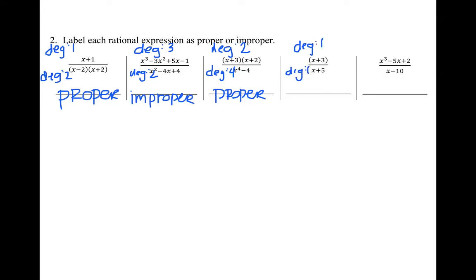Degree of the bottom is a 1. They're the same. If they're the same, that means that it is improper. And then for this last one, the degree of the top is a 3. Degree of the bottom is a 1. So the degree on top is bigger than the degree on bottom, so it's going to be improper.